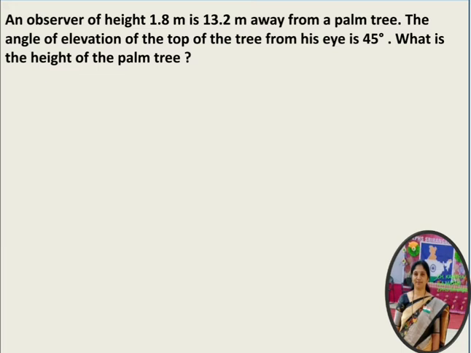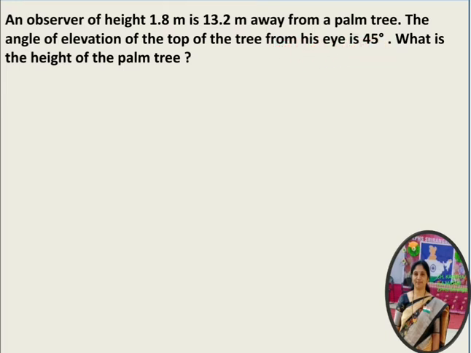That means an observer of height 1.8 meters. Here the height of the person is given, so we have to consider the height. And 13.2 meters away from a palm tree. That means the distance of the person from the palm tree is 13.2 meters. The angle of elevation of the top of the tree from his eye is 45 degrees.